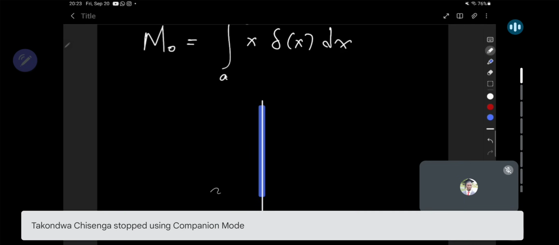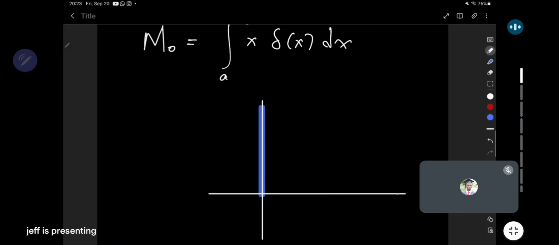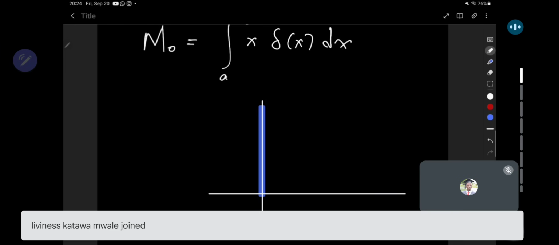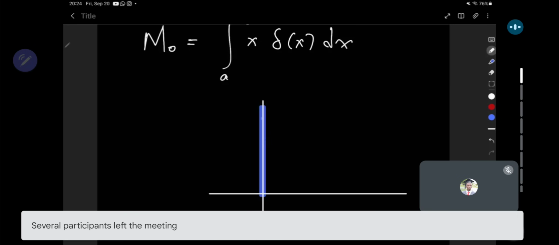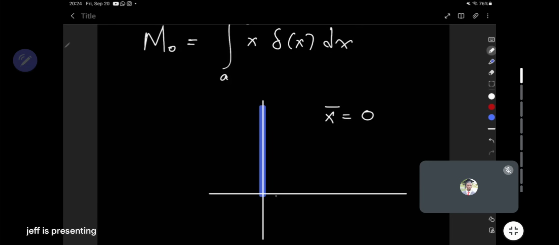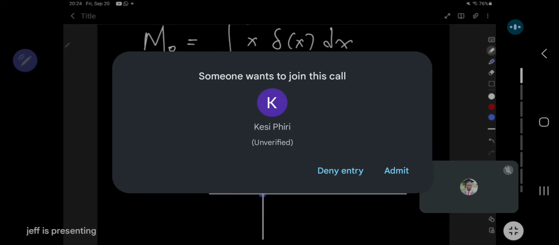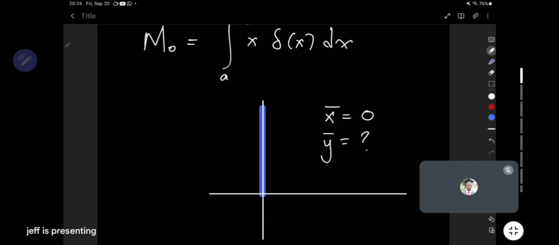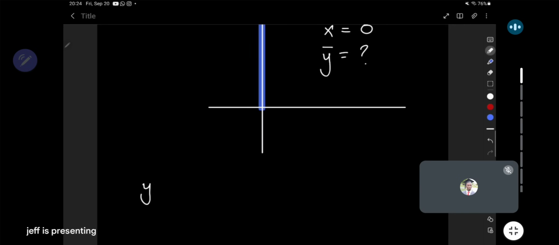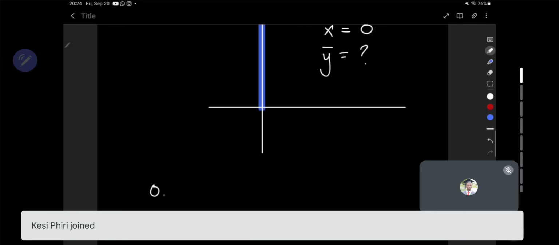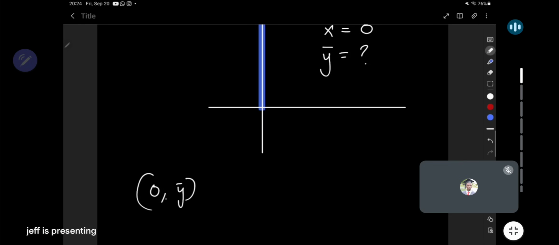Meaning that for the x-coordinate of its center, the x-coordinate would have to be literally along this y-axis, implying that the x-coordinate will now be 0. It's the y-coordinate which will be changing. So this will have the form x bar which is 0, comma y bar. So this is how the coordinate of the center of mass would be.